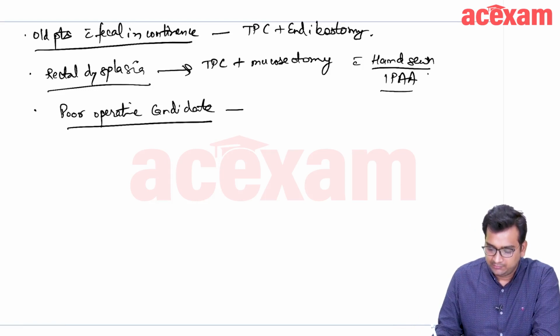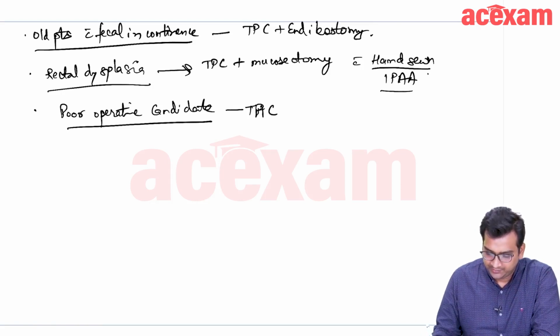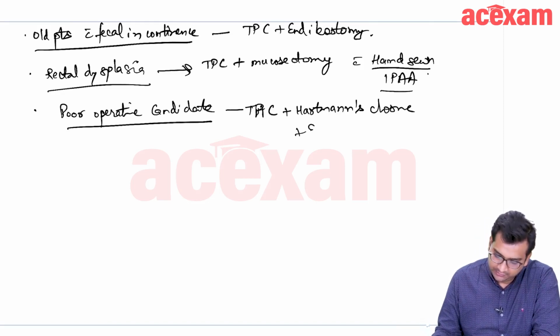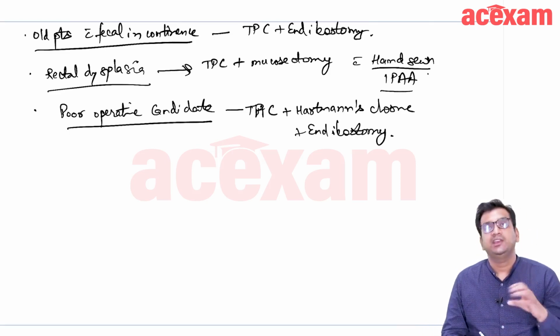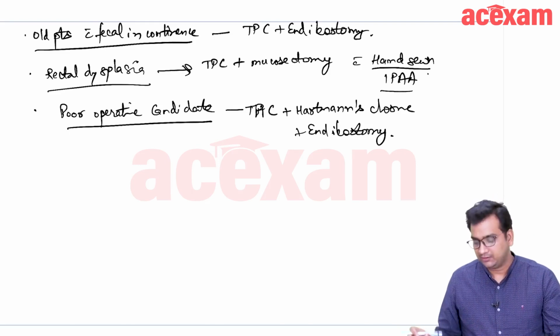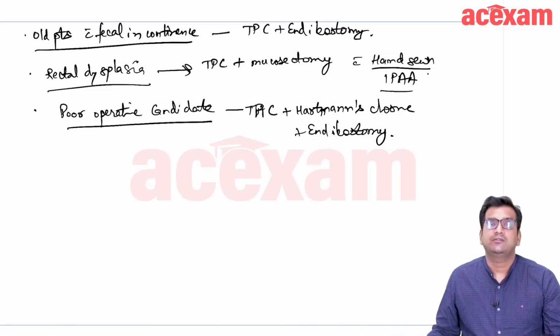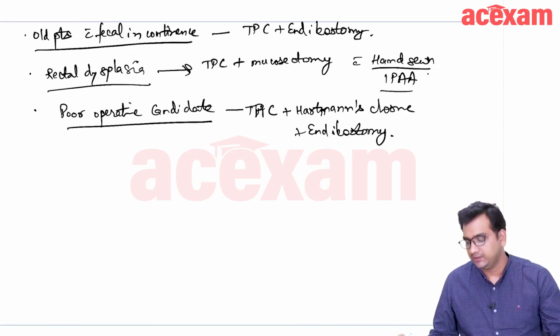The best procedure will be to perform a total abdominal colectomy with Hartmann's closure with end ileostomy. And the remaining rectum we can manage with local therapy, the 5-ASA agents, or the enemas. Okay.